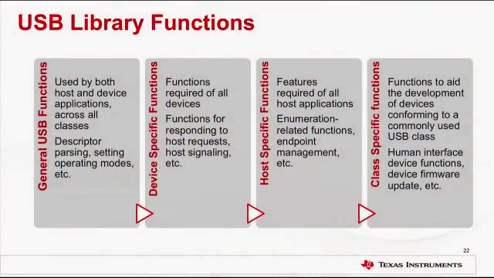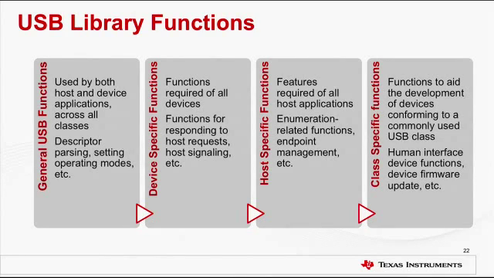The USB library is a set of data types and functions for creating USB device, host, and on-the-go applications on the TM4C123X family of microcontrollers. The contents of the USB library and its associated header files fall into four main groups. General purpose functions used by both device and host applications.